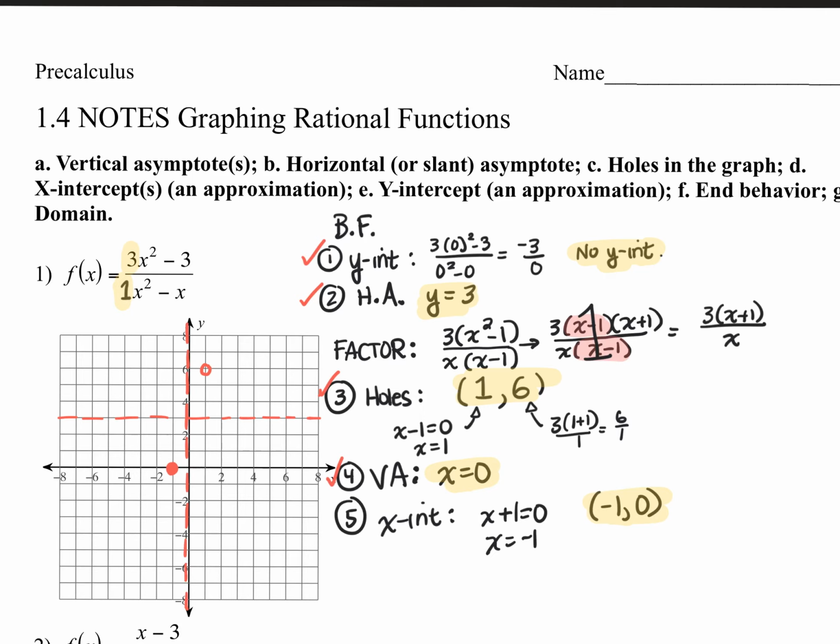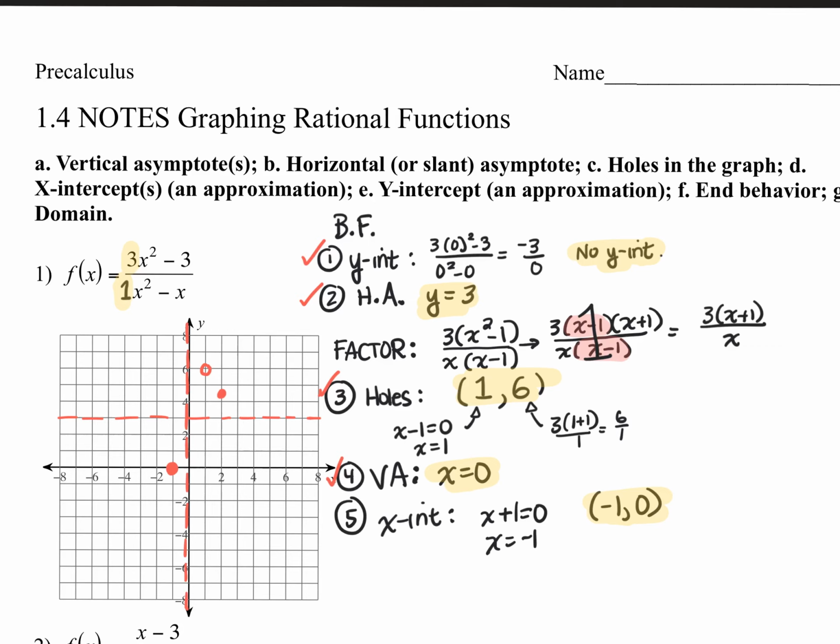At this point, we can make a really quick sketch, and this is really all we're looking for here, is kind of a sketch. If you wanted some more detail, you could plug in a couple more values for x, and I would plug it into this reduced form of the function. So if I plug in, let's say, 2 into this function, I would get 3 times 3, which is 9, divided by 2. So I'd get 4.5. So at 2, I'd be at the point 4.5.